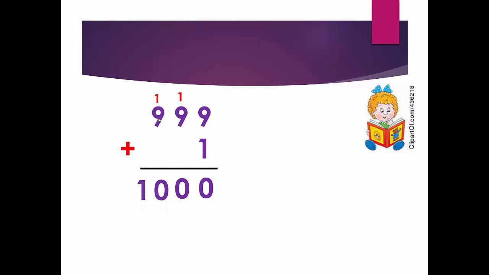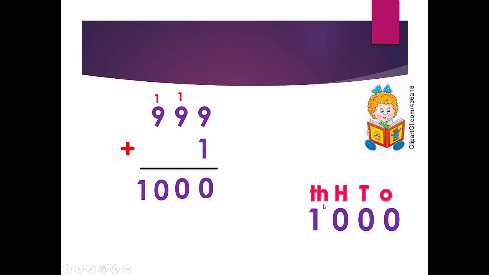Okay, my students, who can tell me how many digits are in this number? 1, 2, 3, 4 digits, my students. Yes, teacher, I have a new place here. If I write the places ones, tens and hundreds, and I have a new place here, we call it thousand.